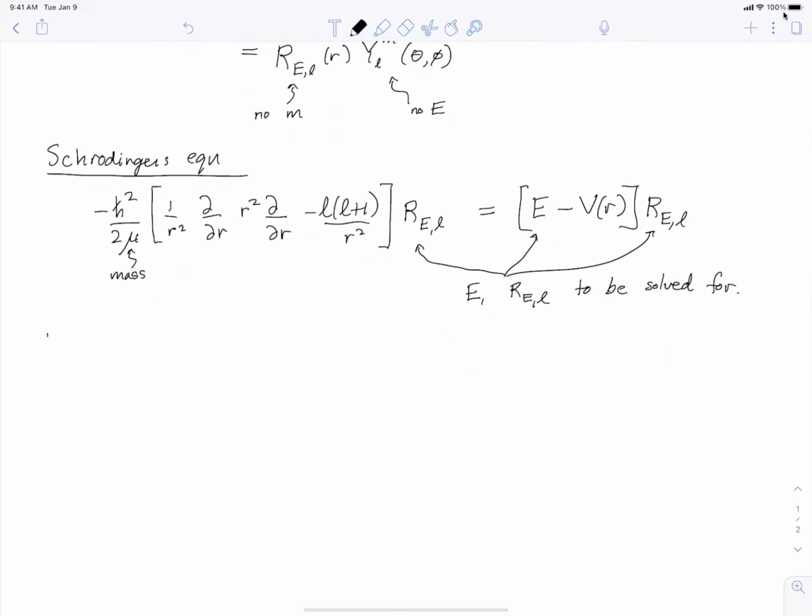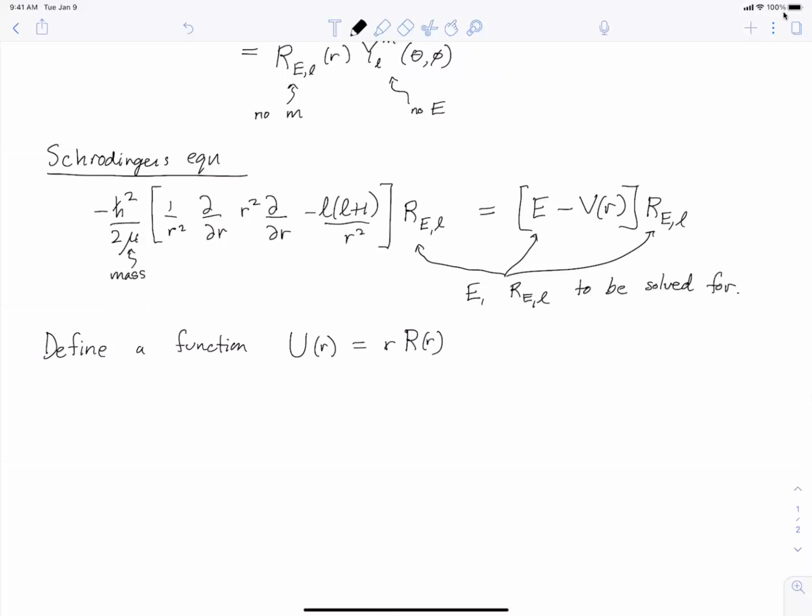The first thing we're going to do is just to make things more elegant. We're going to define a new function, which we're going to call u. And u is just equal to little r times big R. Notice I'm not going to always put the subscripts e and l on here because they would just take up clutter.